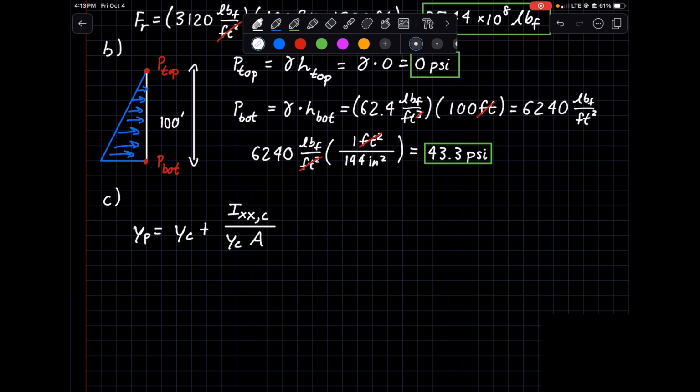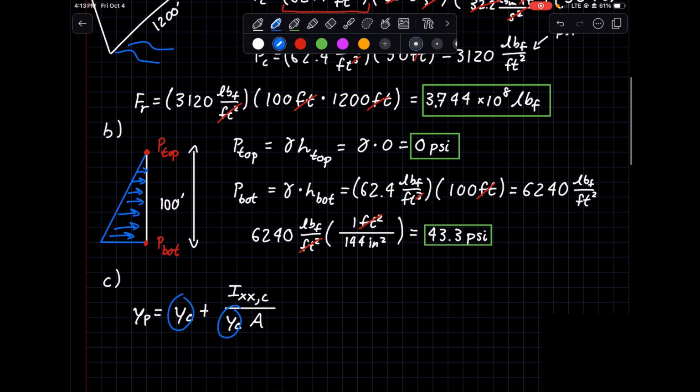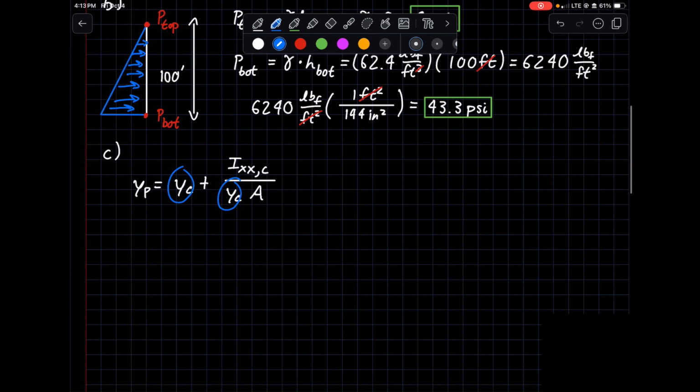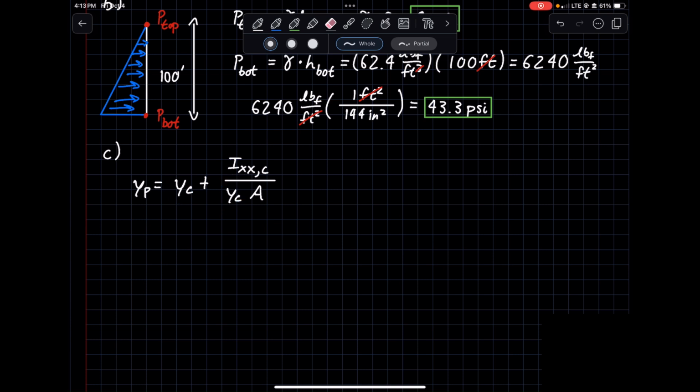Now, for our y sub c, it is the exact same one that we used earlier as our h sub c. So I'm just going to rewrite this as h sub c, which we already know is 50 feet, plus 50 feet right over here, multiplied by our area.